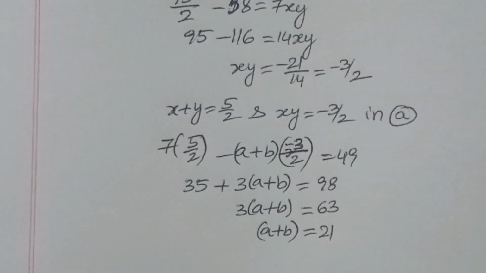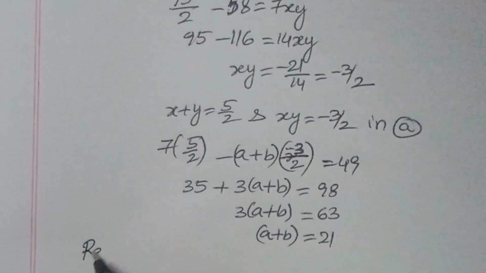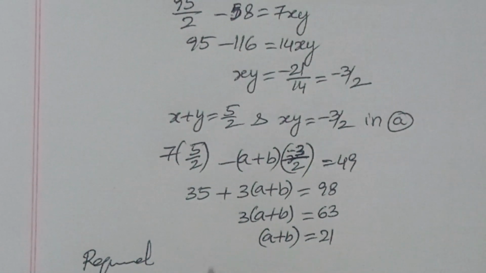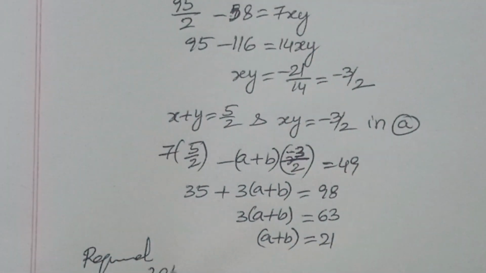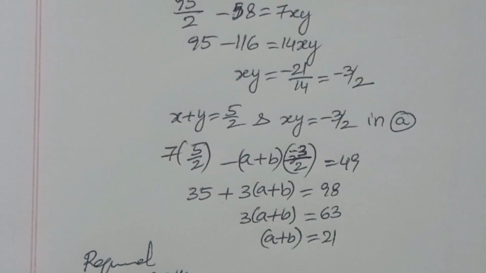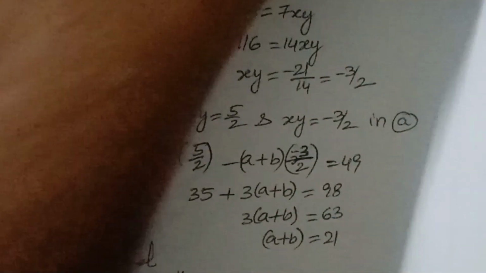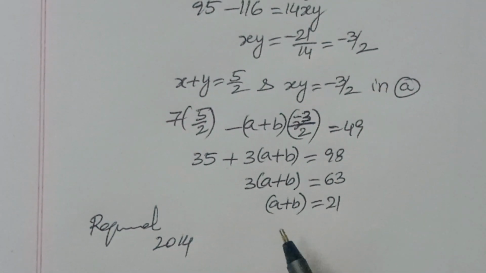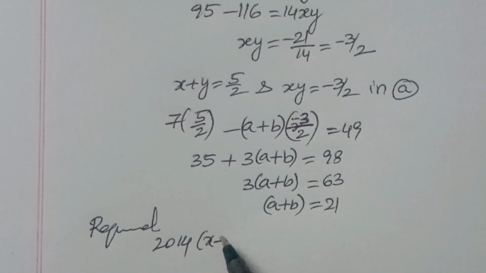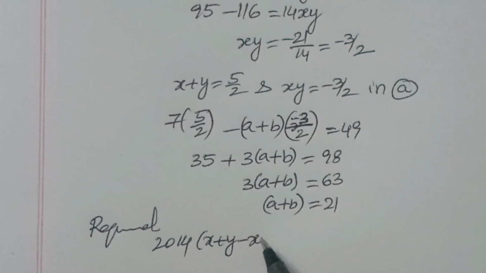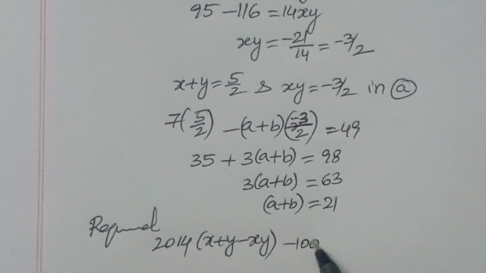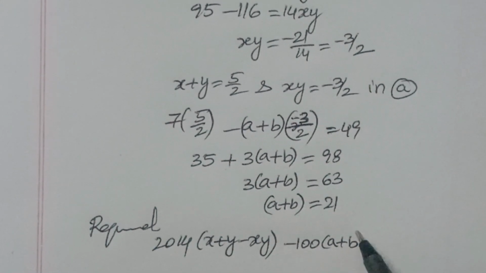Now what is required to find? 2014 times (x plus y) minus xy, minus 100 times (a plus b). You have to find the value of this.